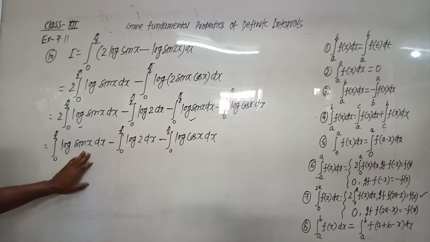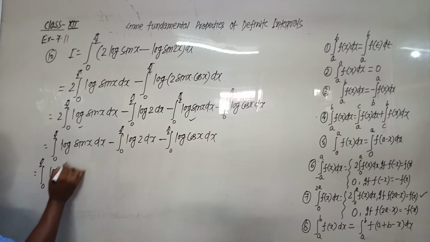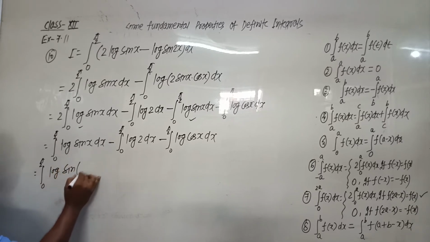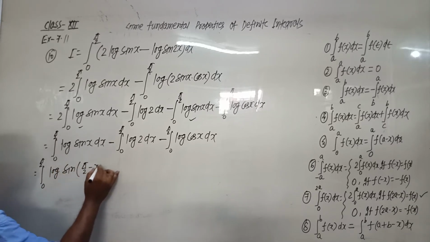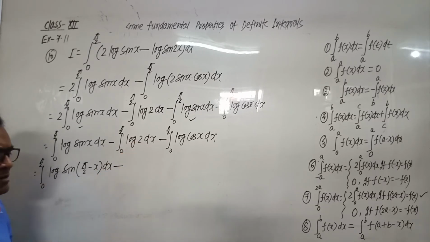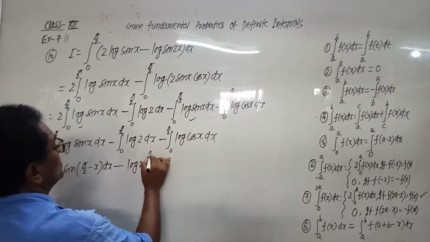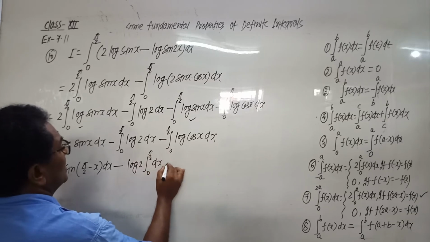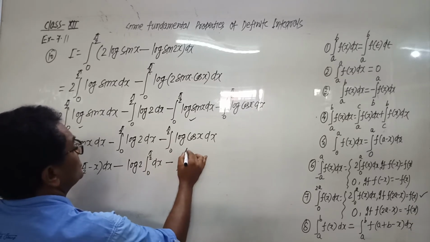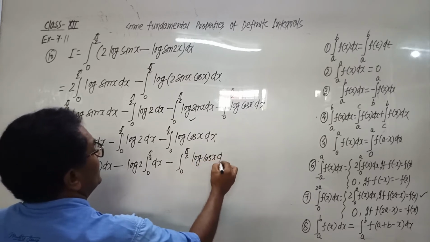Here again we use property number 5, f of a minus x. So integration 0 to pi by 2 log, this can be written as sin pi by 2 minus x dx, minus log 2, the constant term taken outside, and integration 0 to pi by 2 dx, and this would be written as it is, 0 to pi by 2 and log cos x dx.